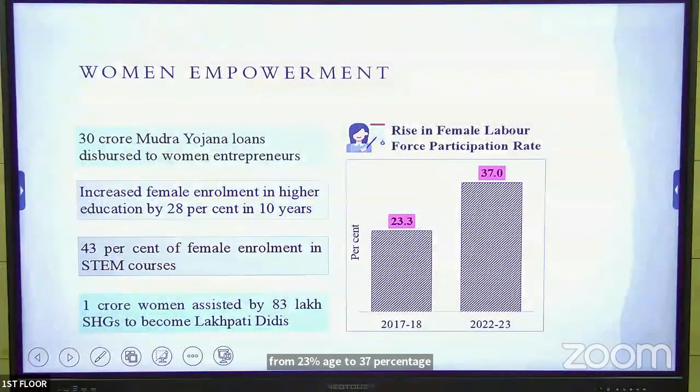Right? Which is a very good jump. First, you tell me what is labor force participation rate? Numerator, denominator. Workforce is the denominator. Labor force is the numerator.